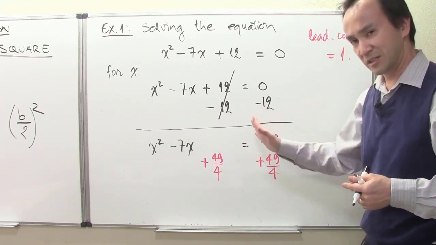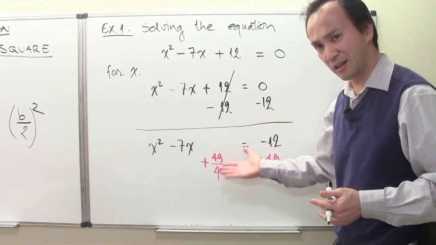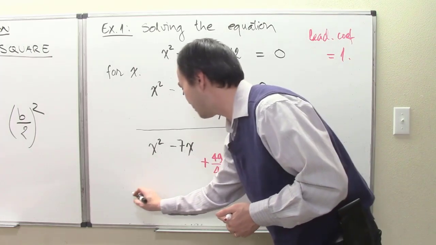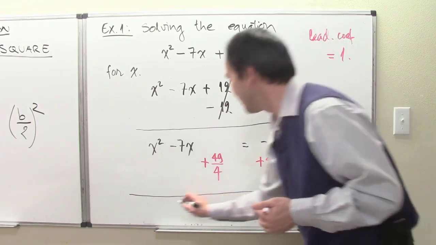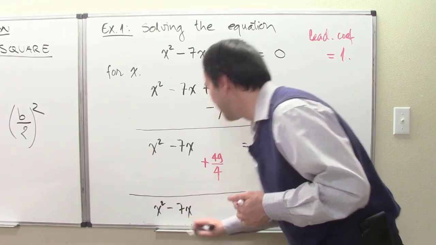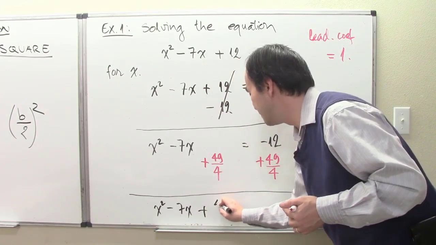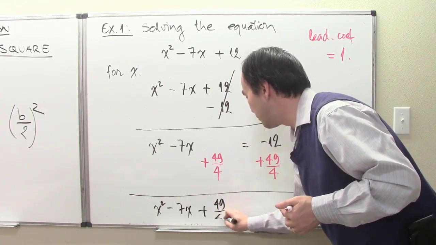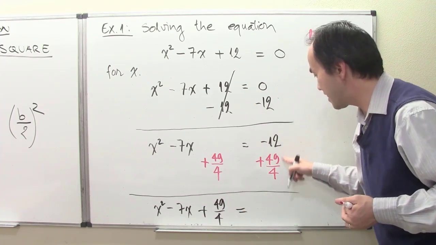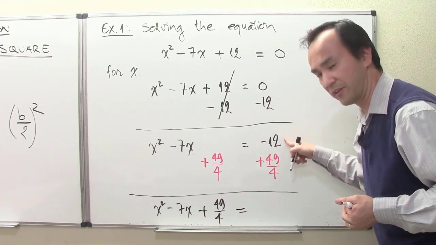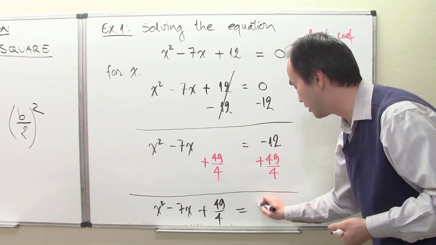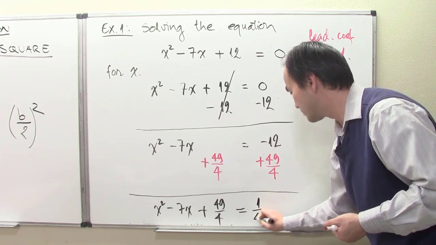After doing that, and after explaining that step thoroughly, the equation now becomes x squared minus 7x plus 49 over 4 equals, now adding 49 over 4 with minus 12, you need to do some fraction math, but it will come out being 1 over 4.